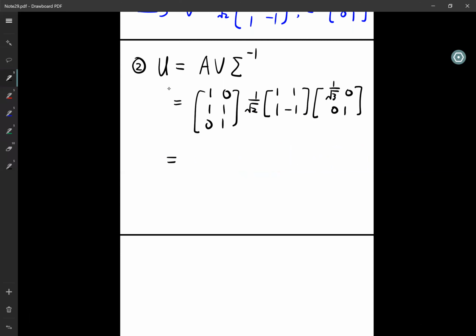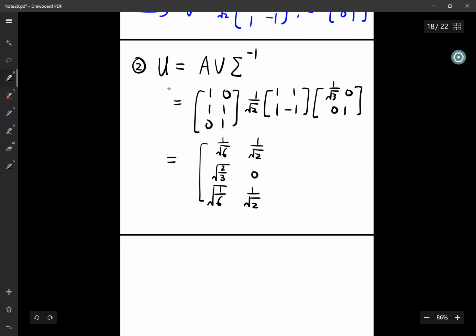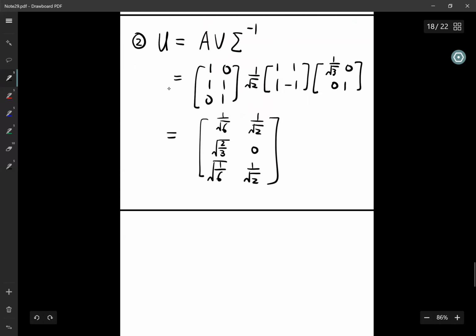So this is equal to, here I first have a 1 over square root of 6. This is 1, this is 3 over 6, and this is 0, 1 over square root of 2. So indeed, you can see each column is normalized, 1 over 6, 4 over 6, 1 over 6.